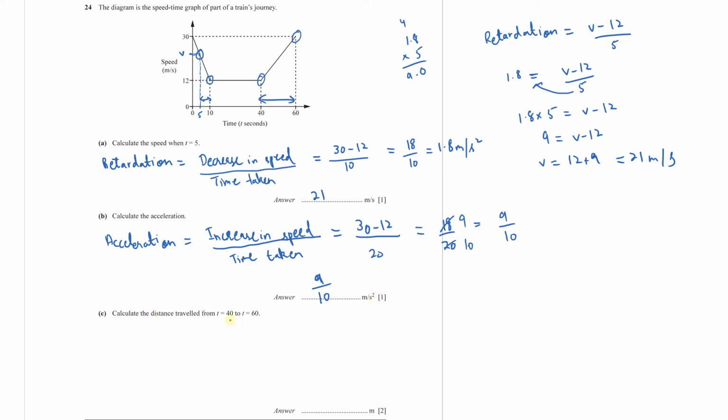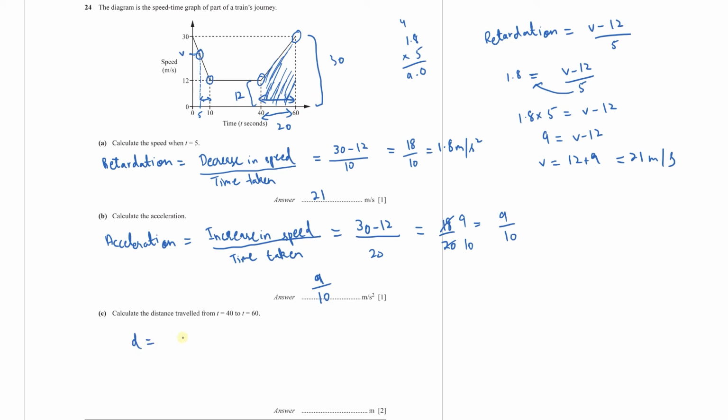Calculate the distance traveled from t equals 40 till t equals 60. So the distance is the area under the speed-time graph. So you have to find this area between 40 and 60. So this is a trapezium whose height is 20, and it has 2 parallel sides. This is 12, and this here is 30.